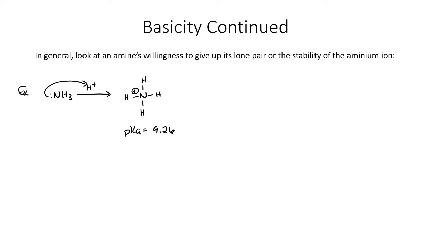Now let's take a look at a slightly different amine. We'll look at a primary amine that has an ethyl group attached. Again, putting it in the presence of an acidic proton, we will protonate it and create the aminium ion.